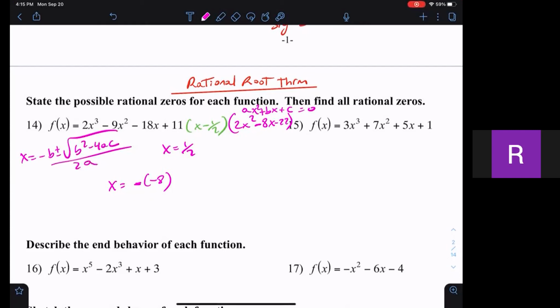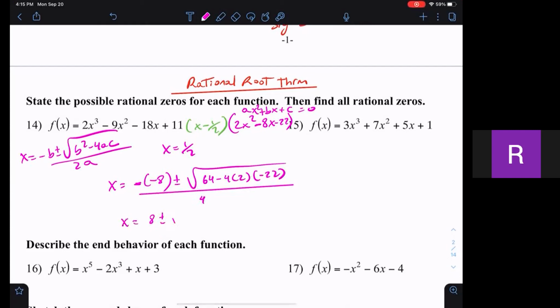So -b, which is -8, plus or minus b squared, which is -8 to the second power, 64, minus 4ac over 2a. 2 times 2 is 4. So this is x equals 8 plus or minus the square root of 64. This is going to be a positive number, right?